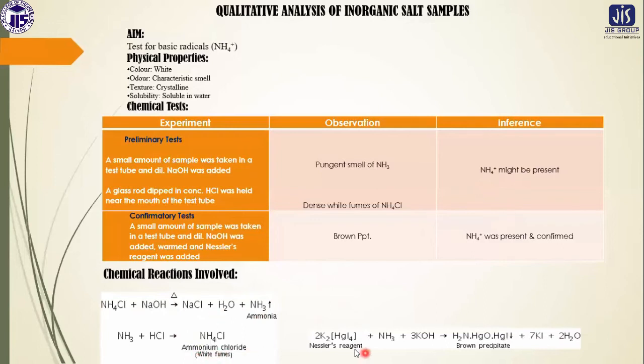And if we add Nessler reagent in that particular solution, a brown precipitate is coming. So this was the reaction of that particular salt, testing for ammonia. In that manner you have to represent it. This is one sample; for each case, you have to submit it like this.